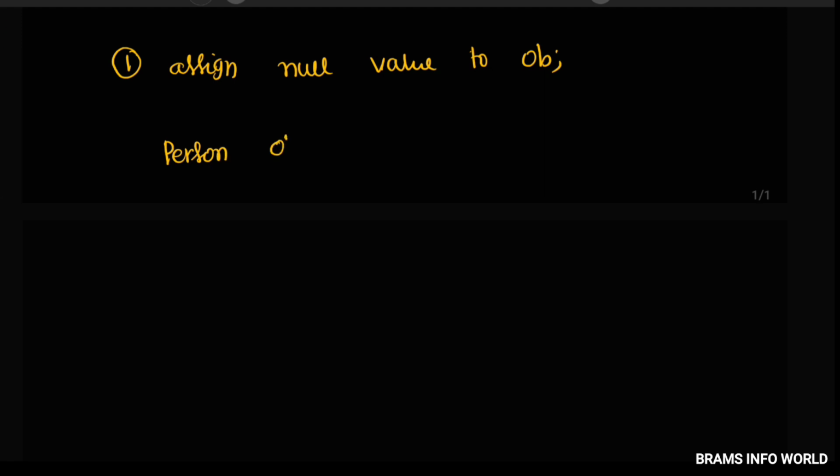The first one is to assign a null value to the object. So what is the meaning of that? For example, there is a person, as we discussed in the earlier program: object OB1 equal to new Person constructor for memory allocation.